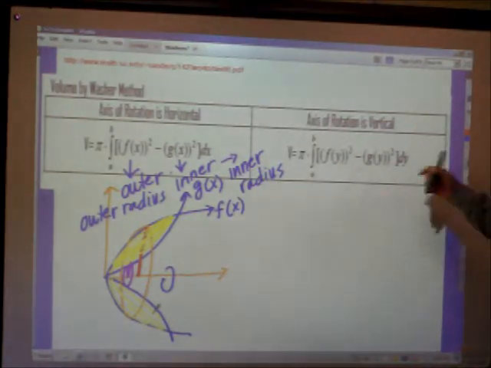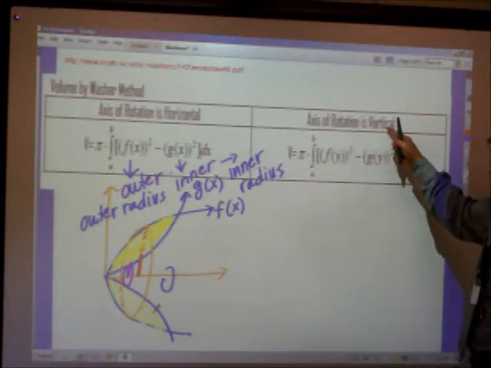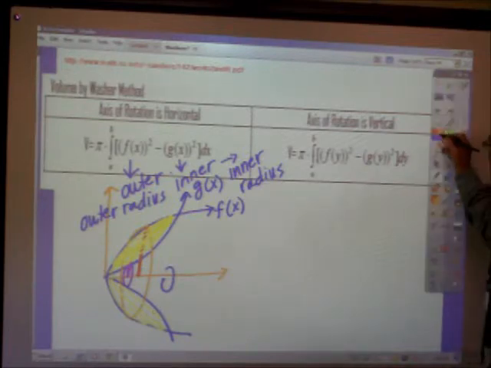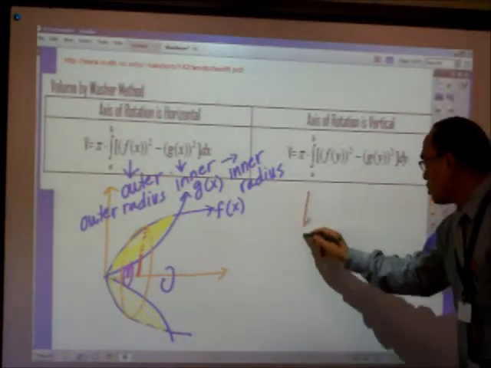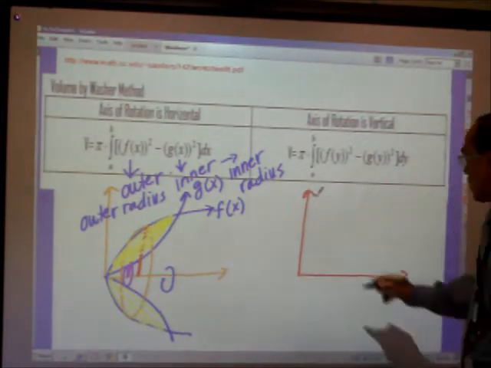In the same manner, if we are going to rotate it about the y-axis, which is a vertical axis, let's draw it once again here.